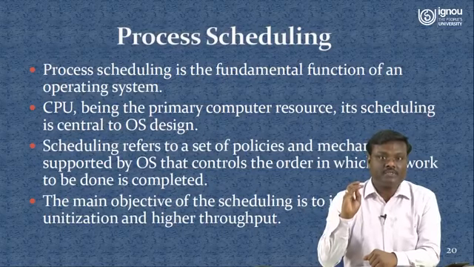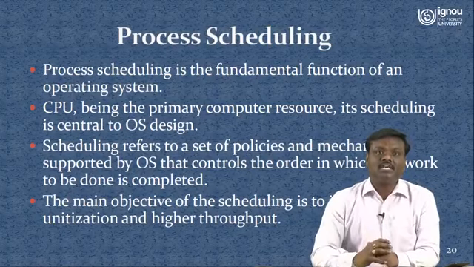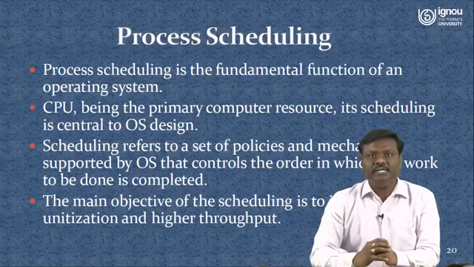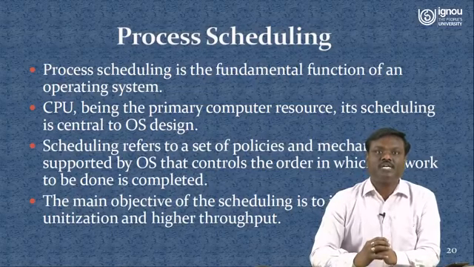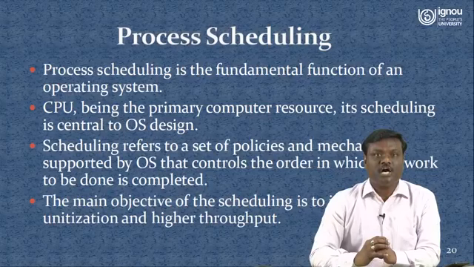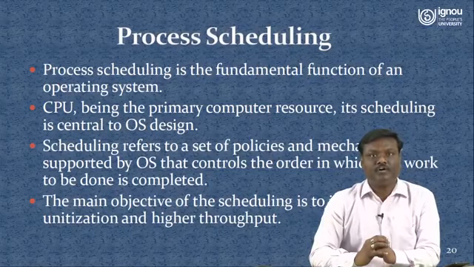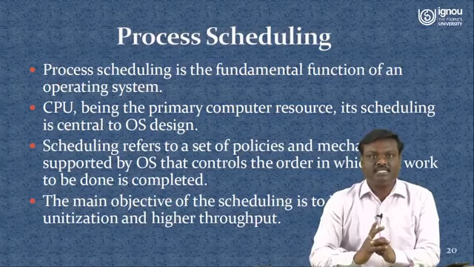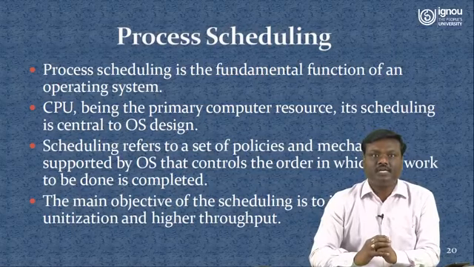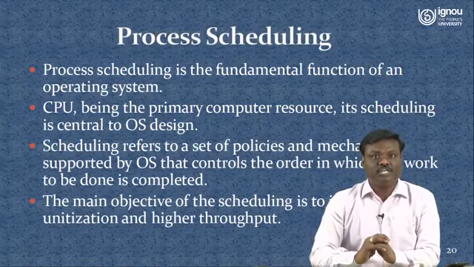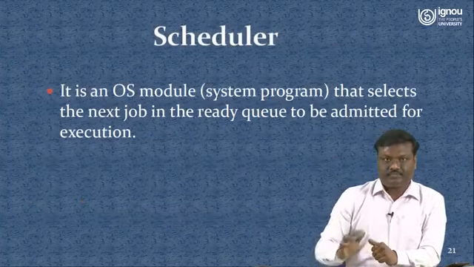The second aspect we focus on is higher throughput per unit of time. You can take it as per 10 minutes or half an hour, whatever unit of time you consider: how many jobs, how many processes were successfully completed. Both these have equal importance when thinking about process scheduling algorithms.